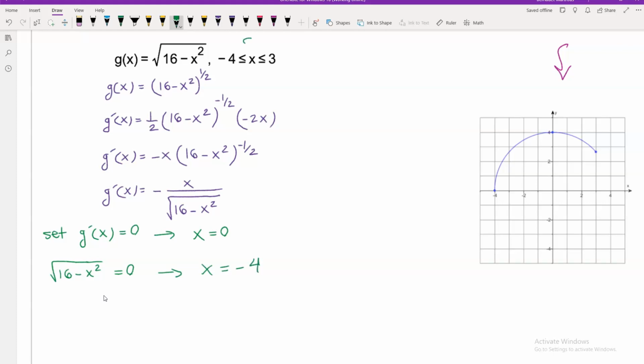We have to see what we have for our domain. The domain is -4 to +3, so our interval is [-4, 3]. That's why I can only use -4. I cannot use +4 because +4 is not in this interval.